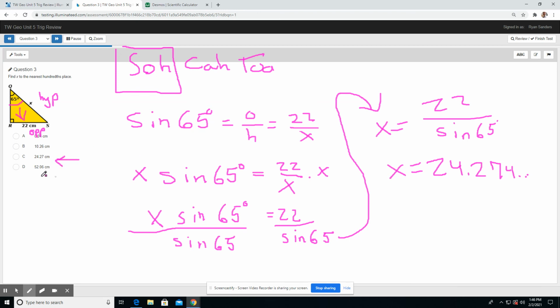There it is right there. They want it to the nearest hundredths place, so let's be careful. Tenths, hundredths, this is the one I'm focusing on. I look at that number. It's smaller, so it gets dropped, and we get 24.27 rounded to hundredths.